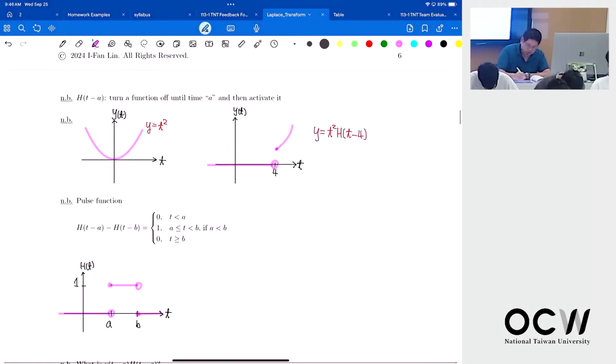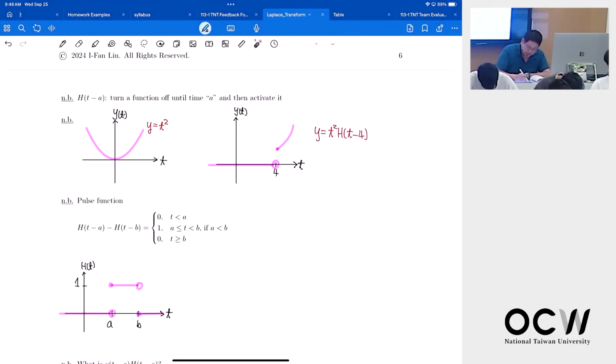Then let's check if I still have t squared, this function y times the Heaviside function. The figure looks like this. But y times the pulse function, if I multiply by y, then it looks like this.